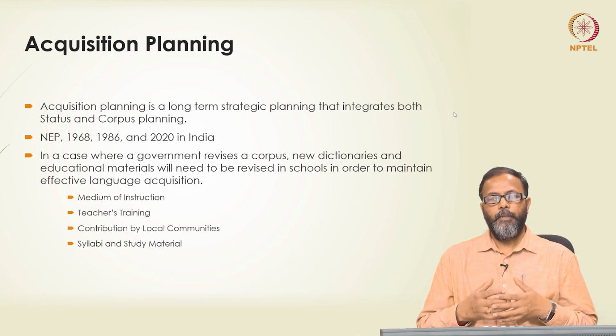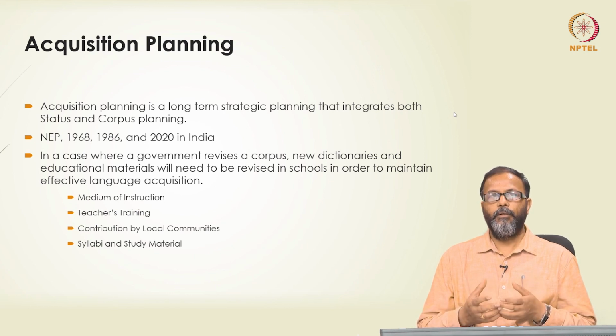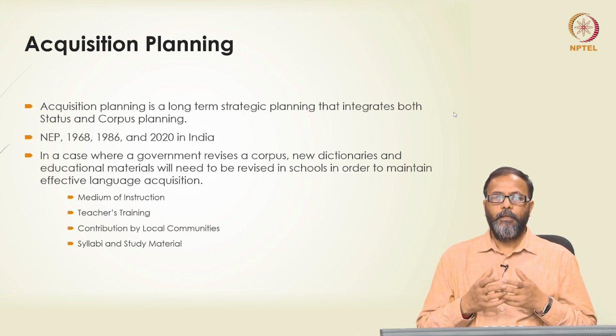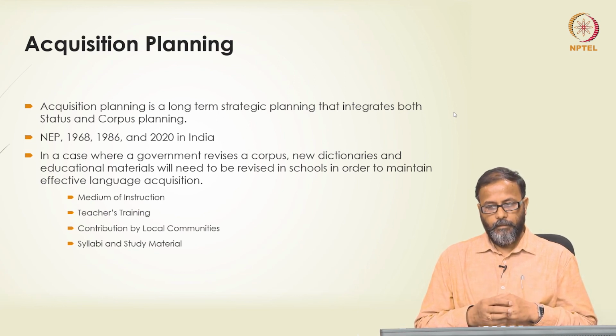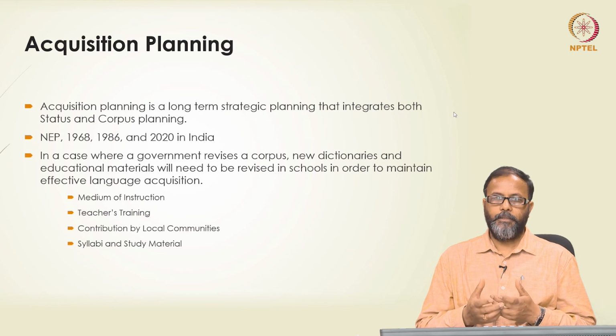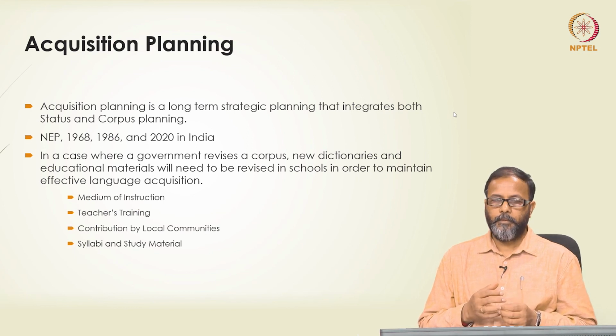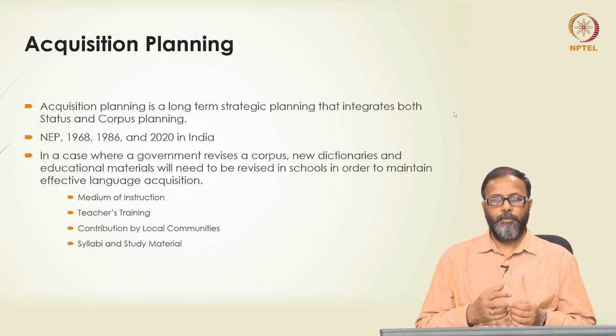Then the people or the community also contribute in creating source material and syllabi and study material, right? So these are the three types of language planning we learned today: status planning, corpus planning, and acquisition planning.